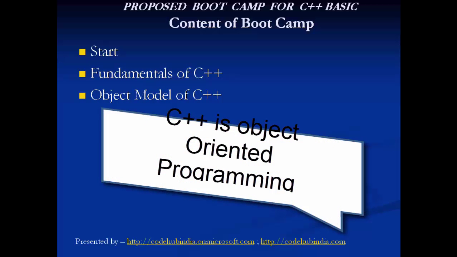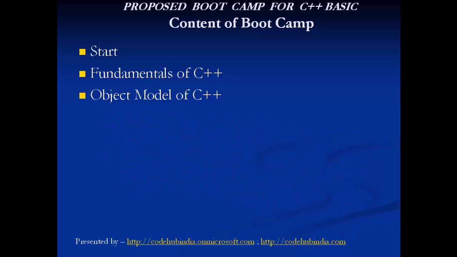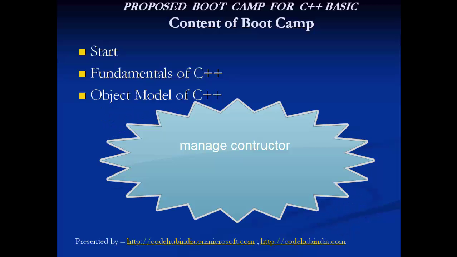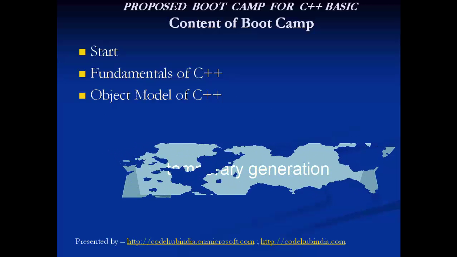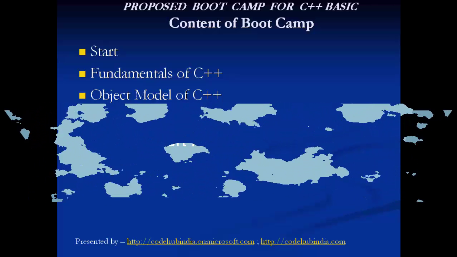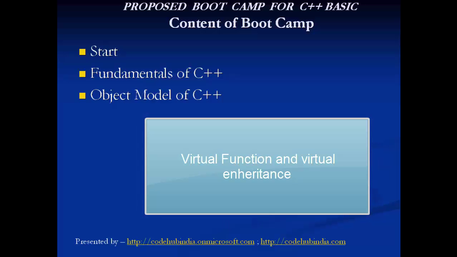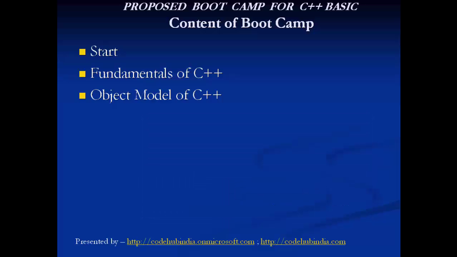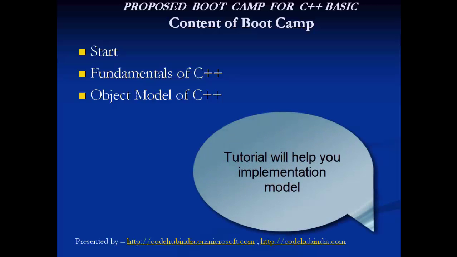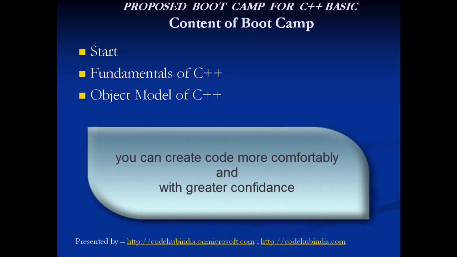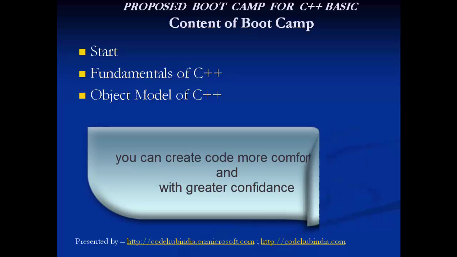The C++ object model focuses on the underlying mechanisms that support object-oriented programming within C++. That is constructor semantics, temporary generation, support for encapsulation, inheritance, and virtual functions and virtual inheritance. This CodeHub India Bootcamp will show how understanding the underlying implementation models can help you code more efficiently and with greater confidence.